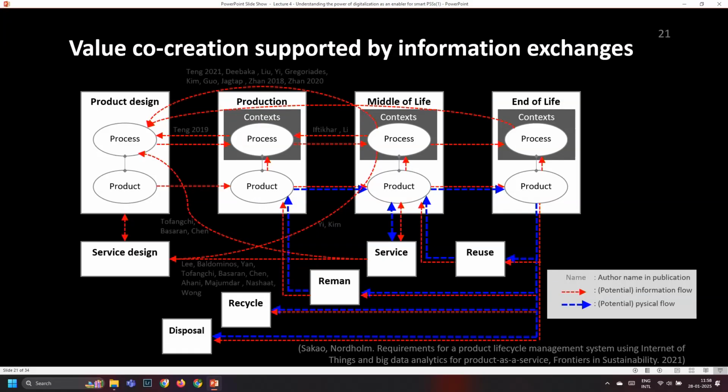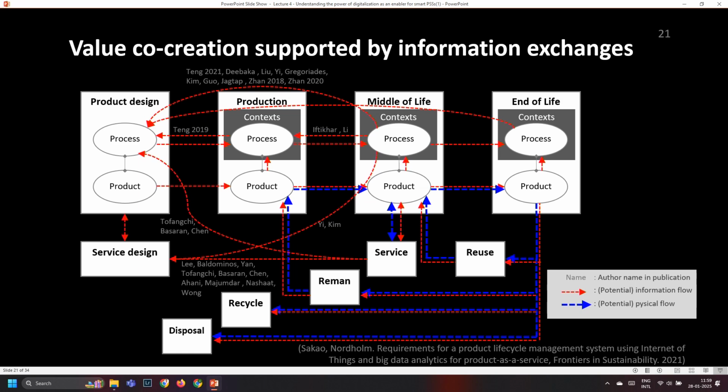But looking into the literature, we found a number of research works that were applied to specific life cycle phases, but this life cycle perspective is typically not used.